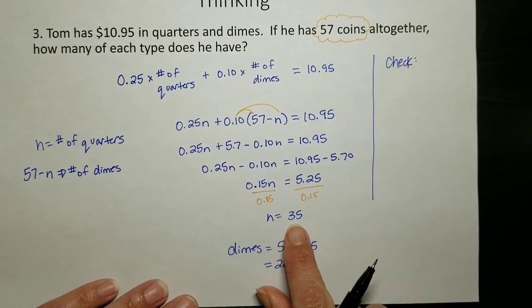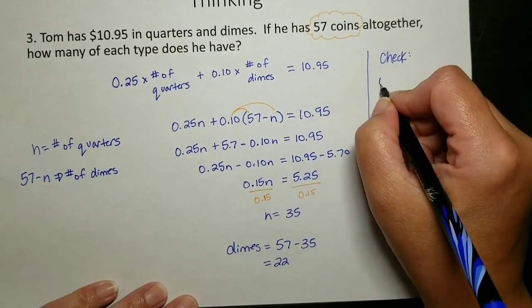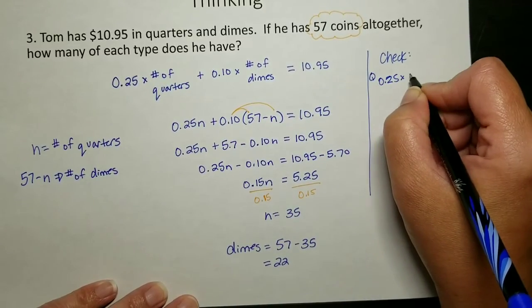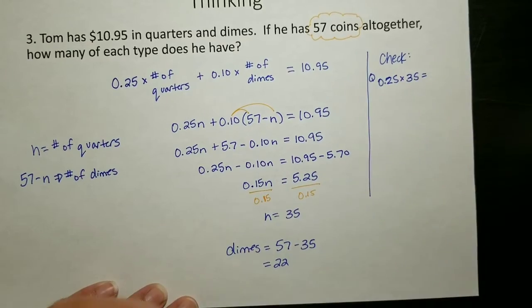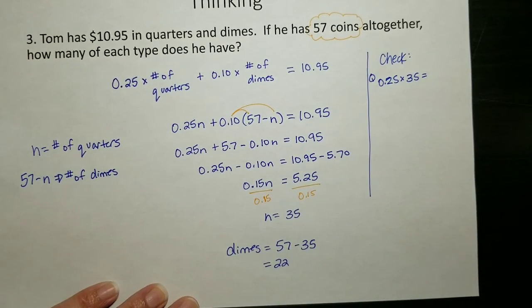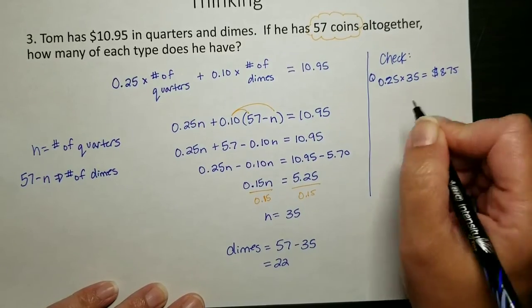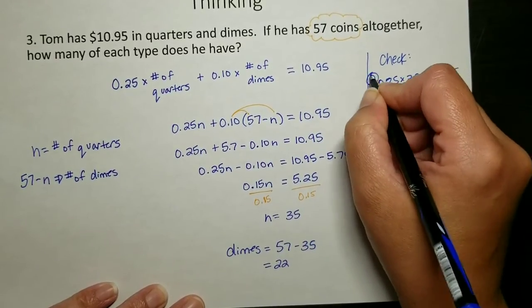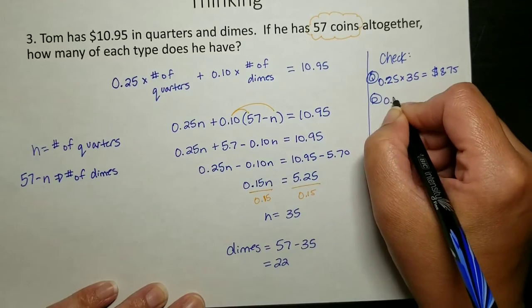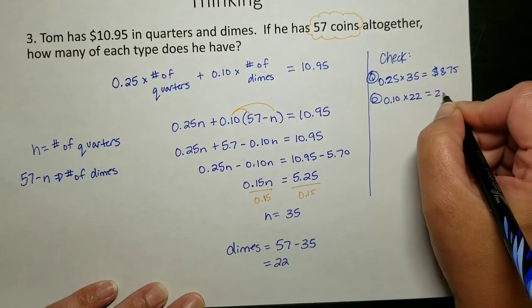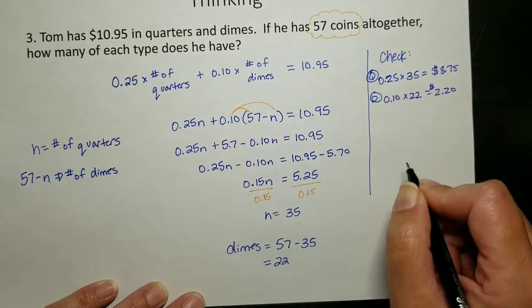If I had 35 quarters, for my quarters, 0.25 times 35, how much money would that be? That's $8.75. And dimes, that's 10 cents times 22 dimes, that's $2.20.